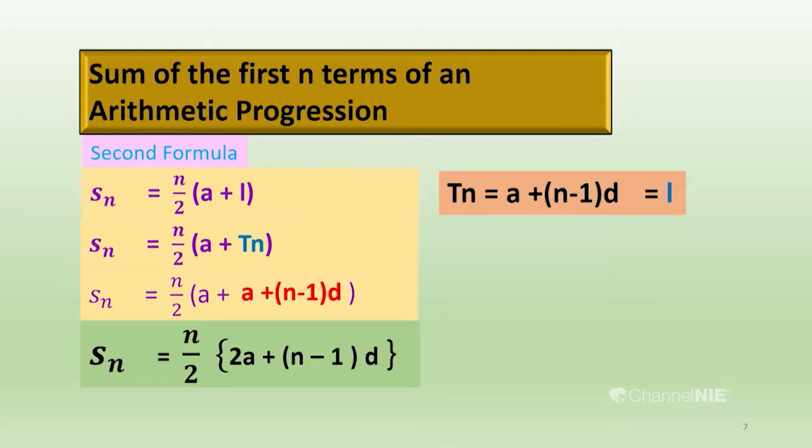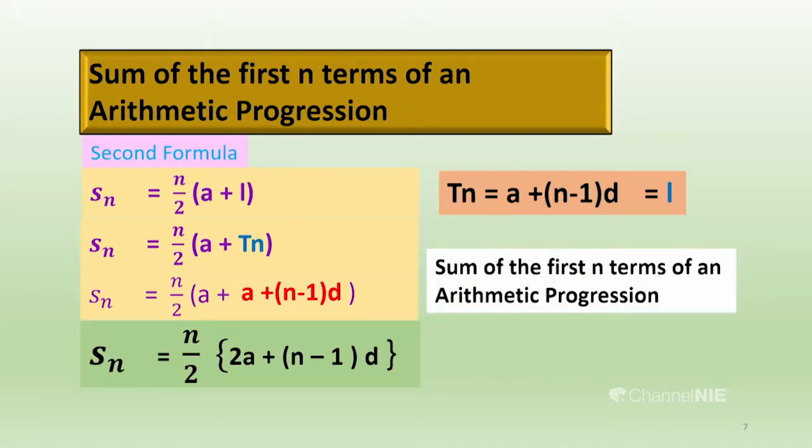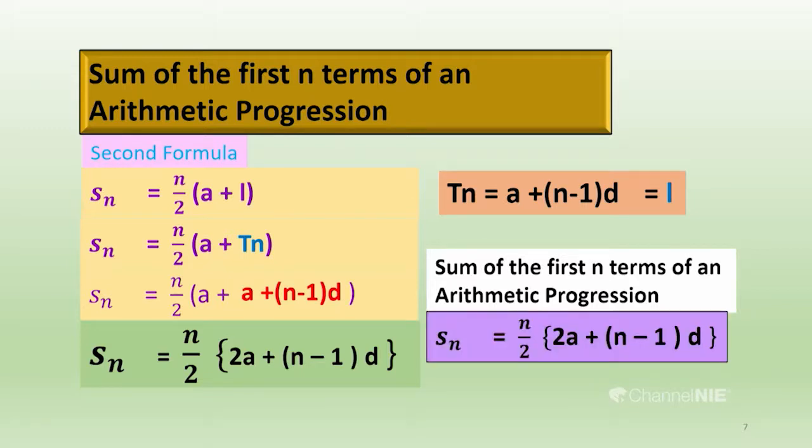What's that? Sn equals n over 2 times 2a plus n minus 1 d. That is the new formula. So you have to remember that.